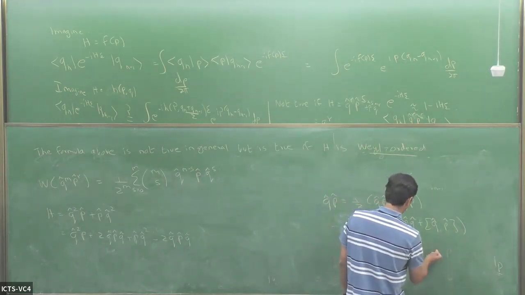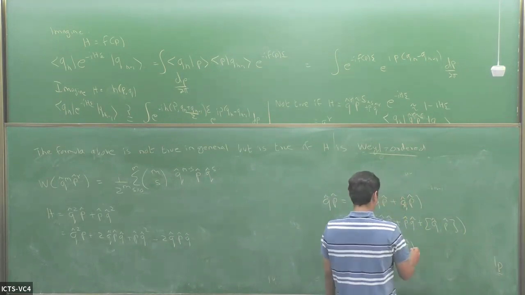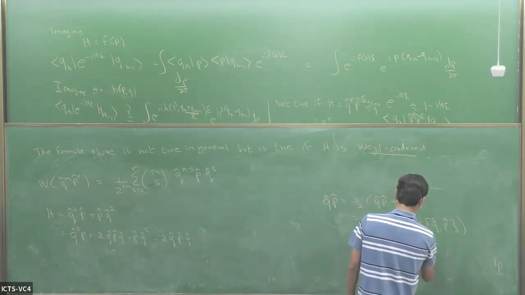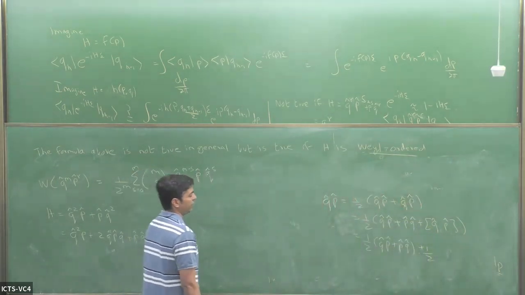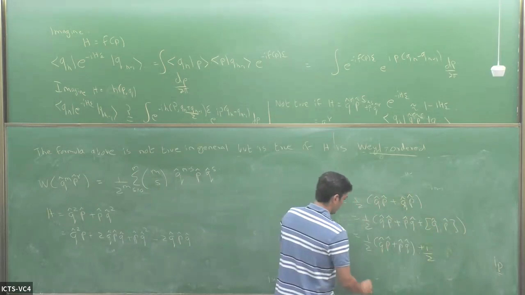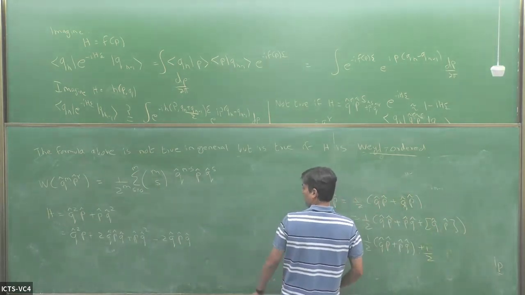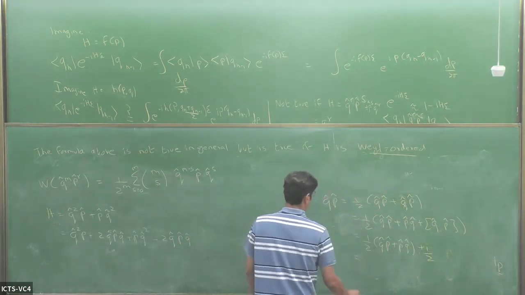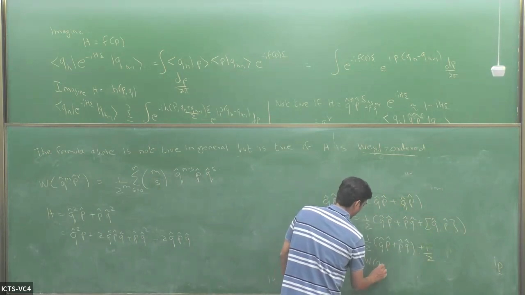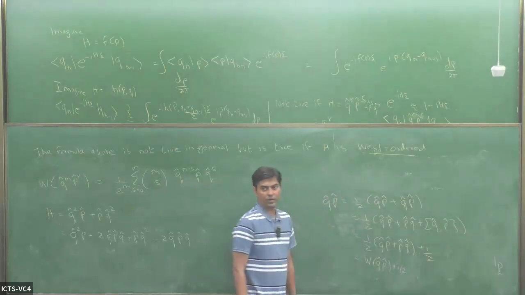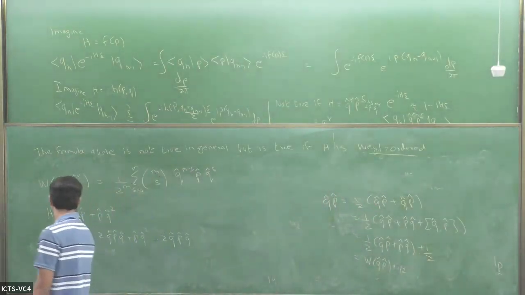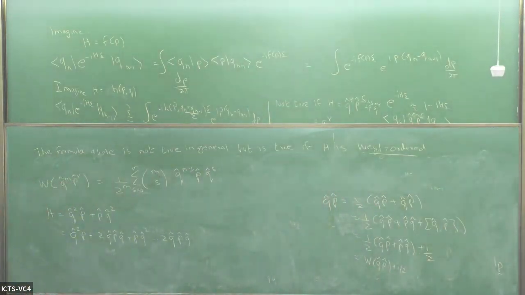And so now you've written this as a Weyl ordered expression. So you've written this as Weyl ordered of q hat p hat at the expense of putting an additional i by 2. Okay. Now let's go back to this and try and do the same thing.